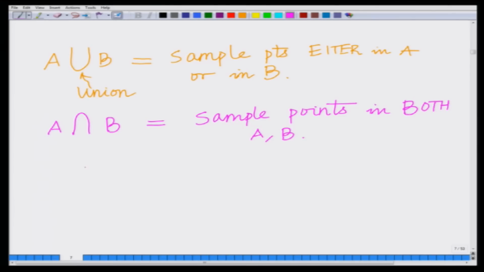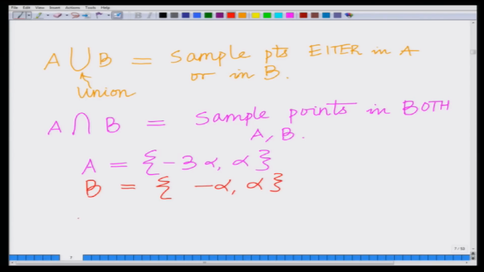Again, let us take a simple example. We have our example in which A equals minus 3 alpha, comma alpha. Let us say the event B equals minus alpha, comma alpha.